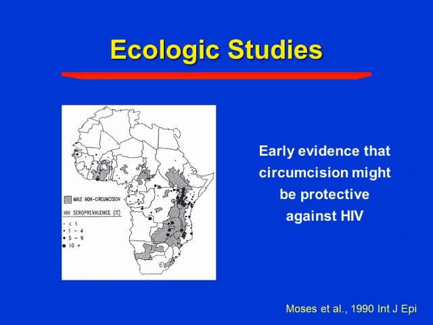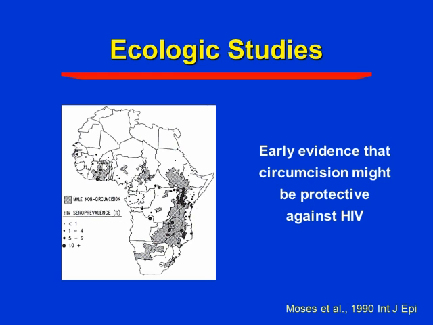The second of our descriptive study designs are ecologic studies. And this is, again, a landmark example. This was one of the first studies that provided early evidence that male circumcision might be protective against HIV infection. In this study, the author simply took all of the information that he had about the prevalence of male circumcision in Africa, and he mapped that out and then overlaid the HIV seroprevalence geographically as well.